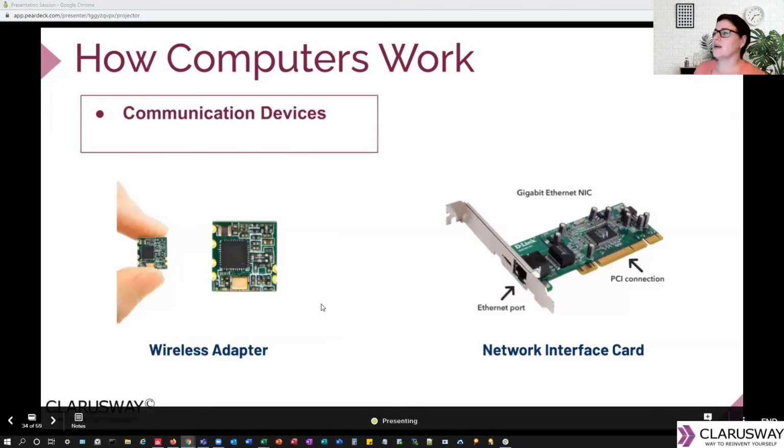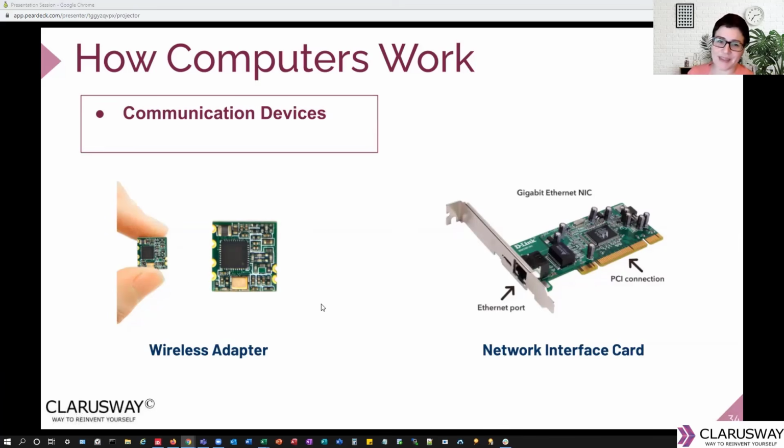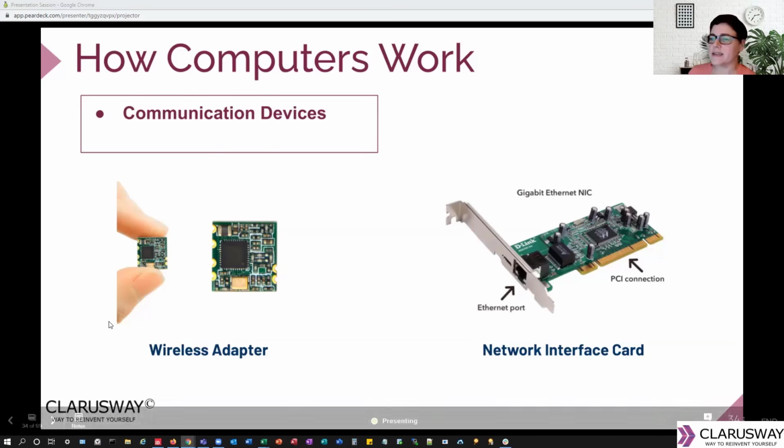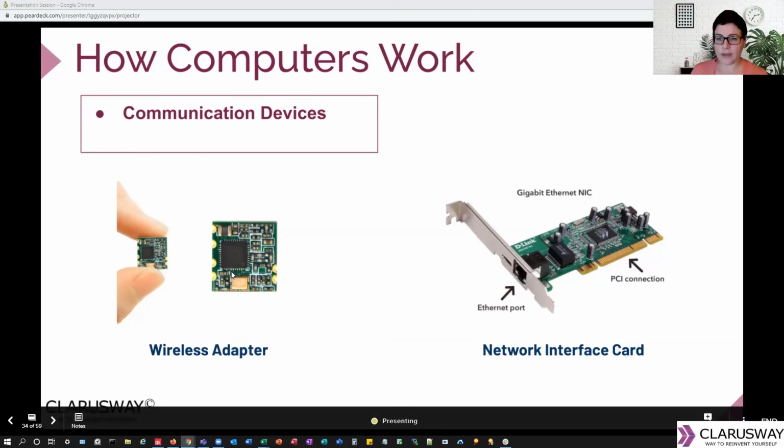We also have in hardware communication devices. Obviously, we would be nowhere without network interface cards. We would not even be having this class this way. So wireless adapters and network interface cards, or NIC cards as they're often referred to, are actually connecting with servers and networks.